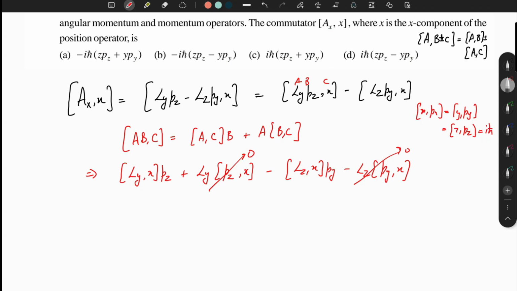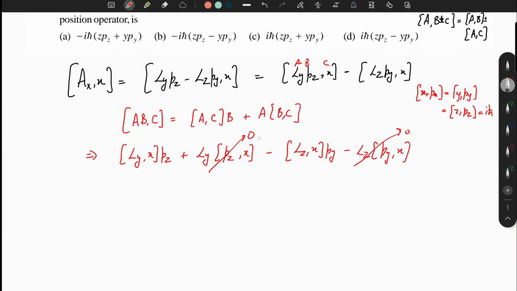All other commutators of position and linear momentum operators are 0. So only x comma px, y comma py, z comma pz give i h cross. All other combinations of momentum and position operators are 0. So these two terms will become 0.